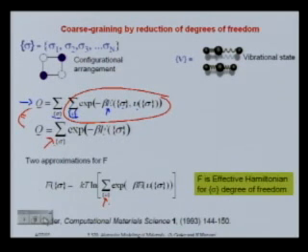There's no physics here. This is pure and simple substitution of variables. So I call this sum here the exponential of minus beta F, which means that F is the log of that exponential.